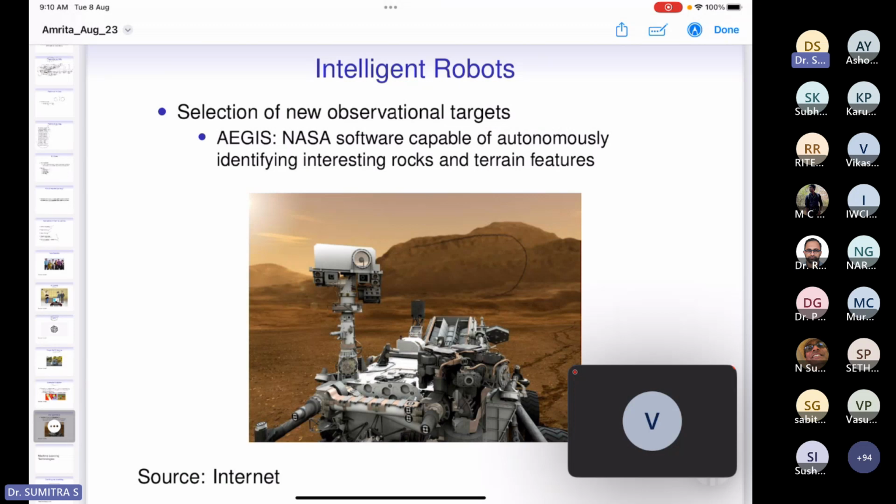Excuse me, ma'am. Is the slide visible to you? For me it's not an issue, but a few participants are messaging that it's not visible. Those who cannot see it can disconnect and join again.